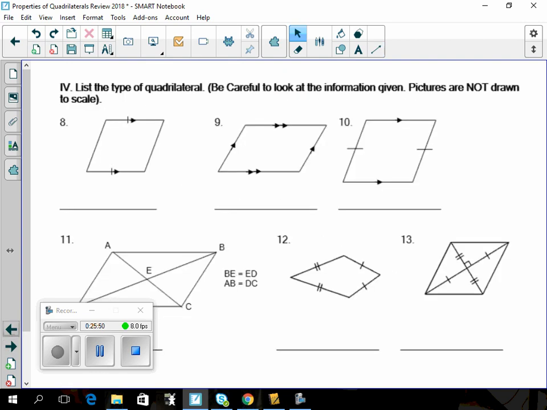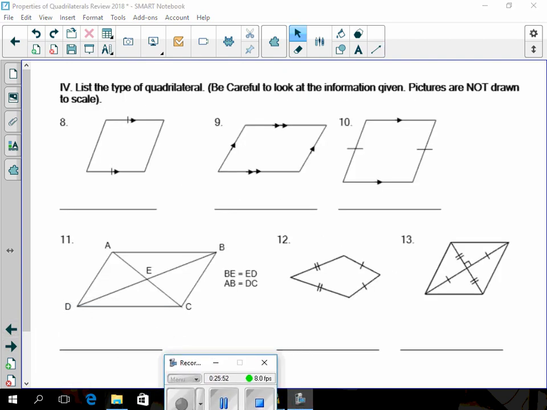So what I want you to do now is look at this, and I want you to decide what kind of shape. They're not drawn to scale, so just look at the information that's labeled on the shape. So just because it looks like something doesn't mean it is. Okay? Look at whether we have arrows, which means parallel, or whether we have little segments, which means congruent.